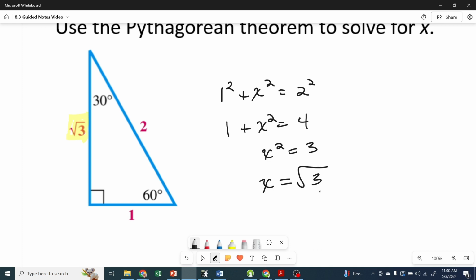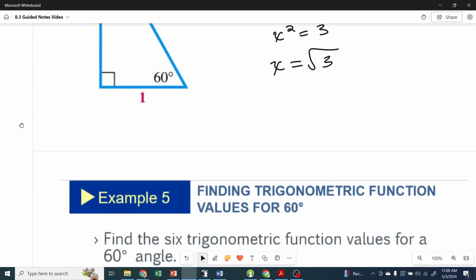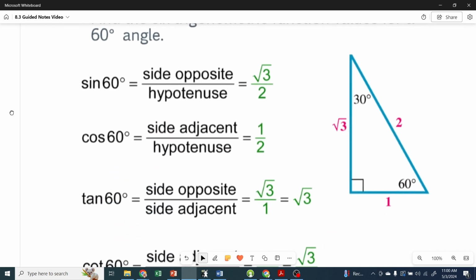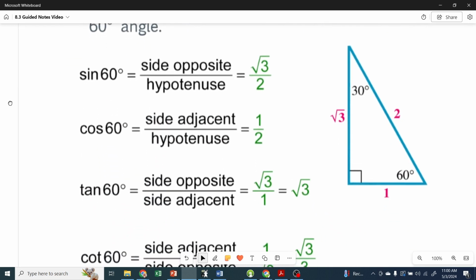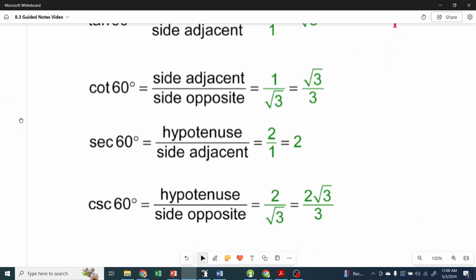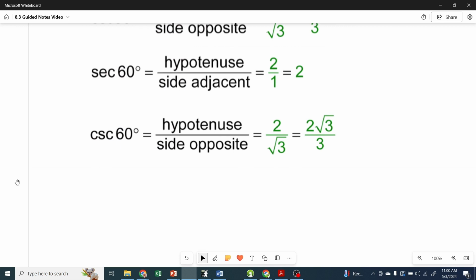Okay, so we've shown that in 30, 60, 90 right triangles, the ratio of the sides is 1 to square root of 3 to 2. Okay, and these are called special right triangles. 30, 60, 90s, and these are all the trig functions for that. Right? And this will come in handy later as we work on some other ideas.